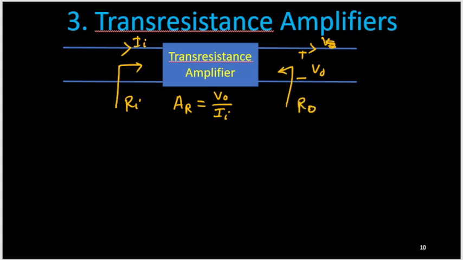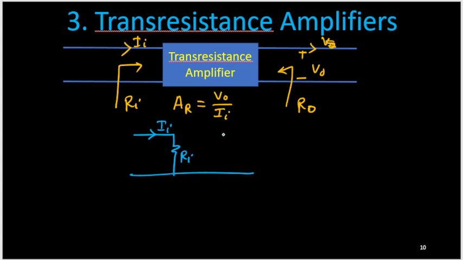So what is our model? Now our model will be very simple. First I need to consider input resistance. As earlier, it is your Ri, but it should accept this current Ii. Whatever Ii is there, V0 will be Ii times AR.